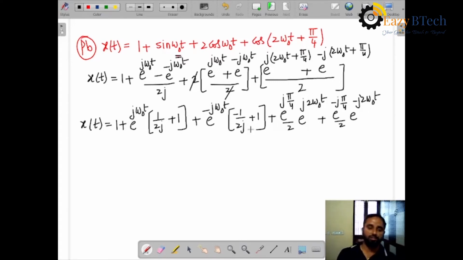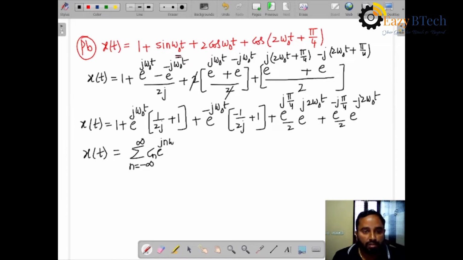So this is the logic we have to follow, because our exponential Fourier series is the sum for n equal to minus infinity to plus infinity of cn e power jn omega naught t.